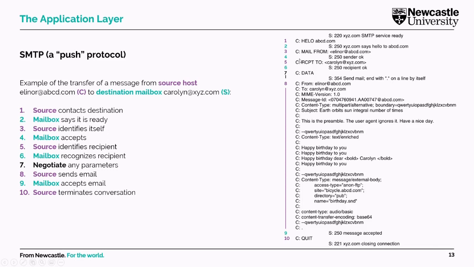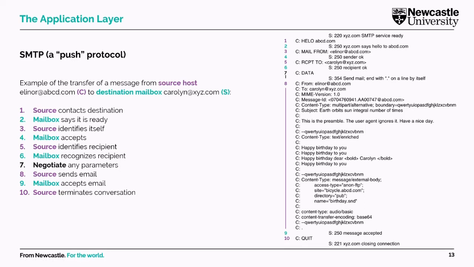The mailbox says that it's ready. The source identifies itself here, mail from Eleanor at abcd.com. The mailbox accepts. Then the source identifies the recipient, and it says okay.